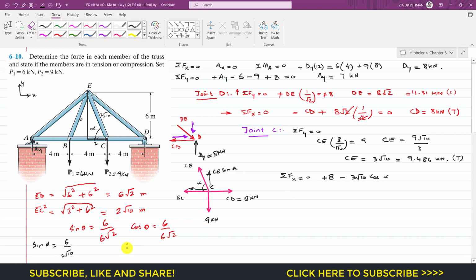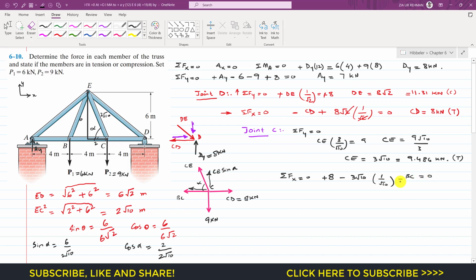So cos of alpha, from this triangle, is base divided by hypotenuse, so base is 2 divided by hypotenuse. So this is 1 by square root 10. So cos of alpha is 1 by square root 10, and then minus BC, and this is equal to 0.